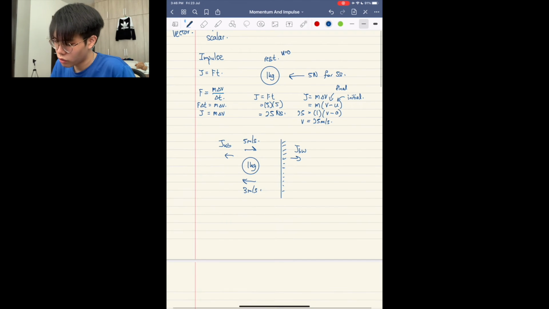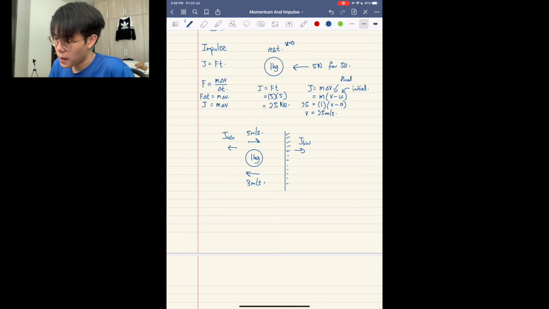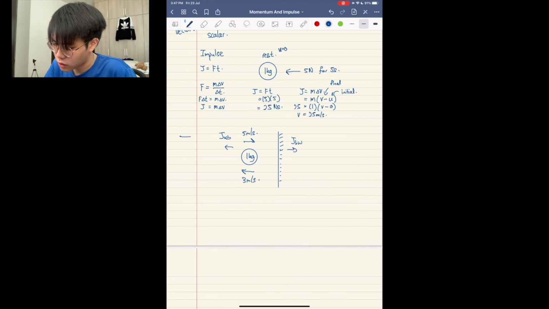These two impulses are the same in magnitude but different in direction. One might be positive and one might be negative, depending on which side you set as positive. Of course, I'll set the right side as positive.